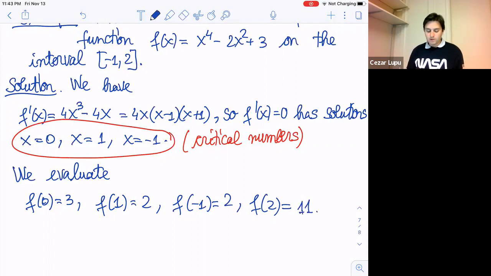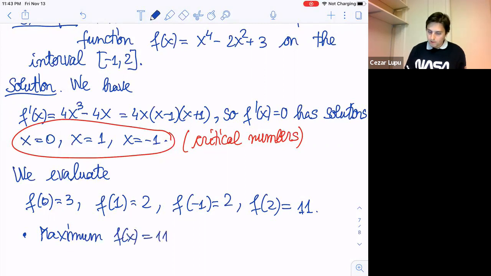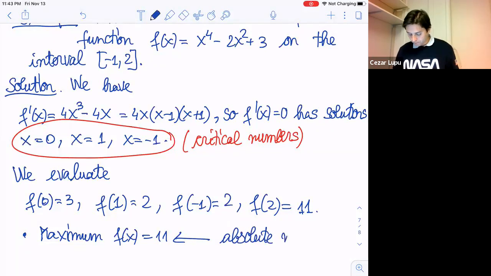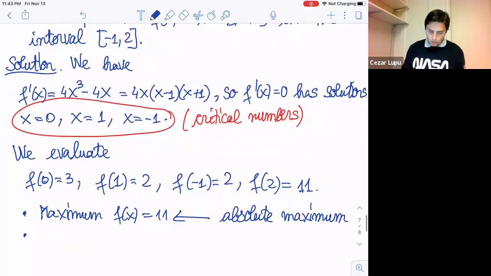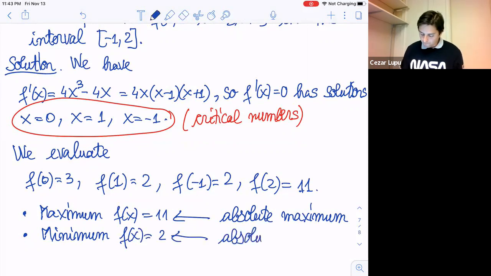Now let's look at which one is the largest. The maximum of f of x is 11, so we call this the absolute maximum. And the minimum of f of x is 2, so we call this the absolute minimum.